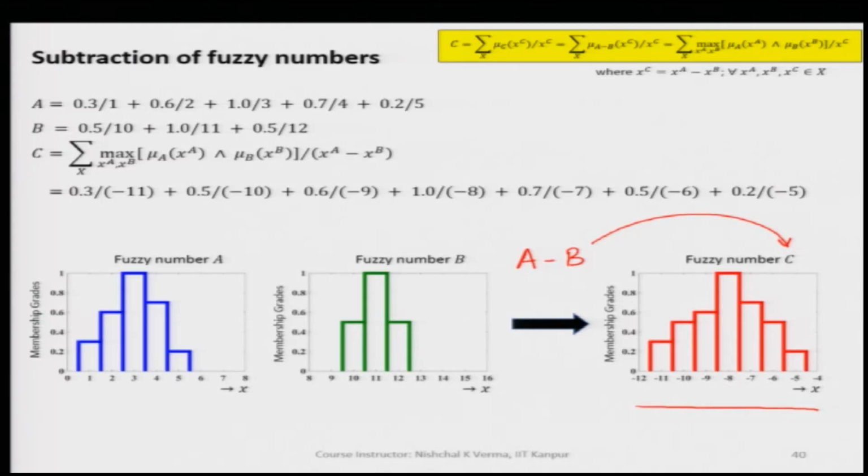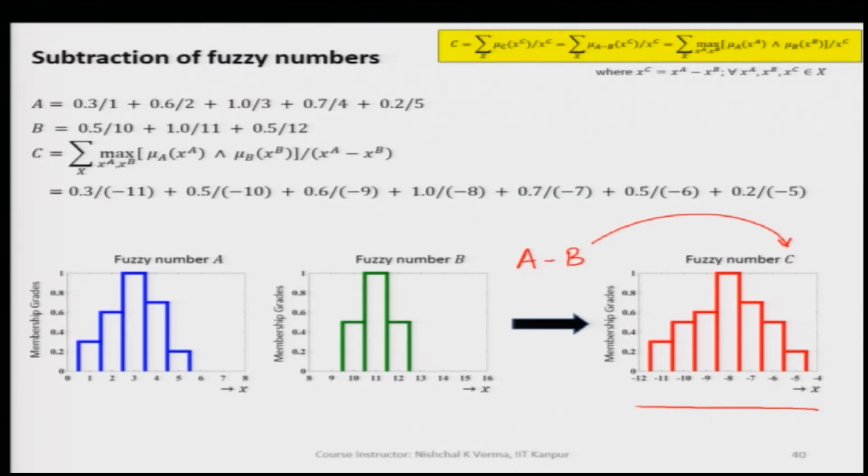So, when we have a fuzzy number A which has some uncertainty level, and again we have fuzzy number B which also has some uncertainty level, and when we take A minus B or A plus B, the outcome fuzzy set, which is a fuzzy number in both the cases, will have comparatively more spread.